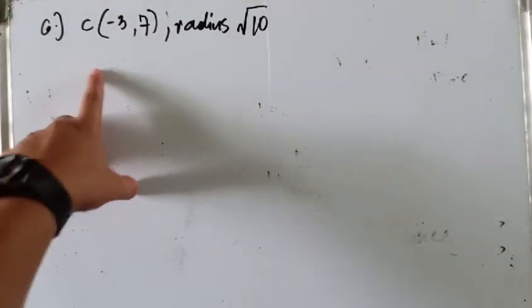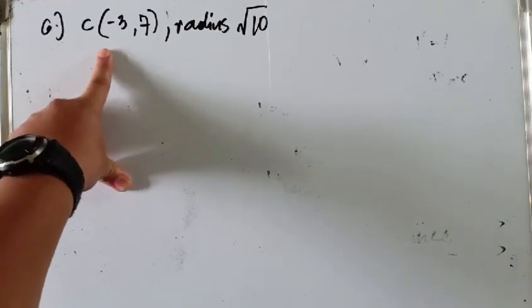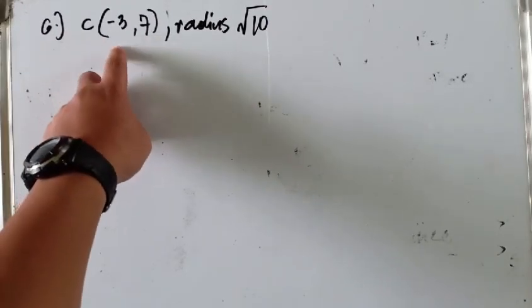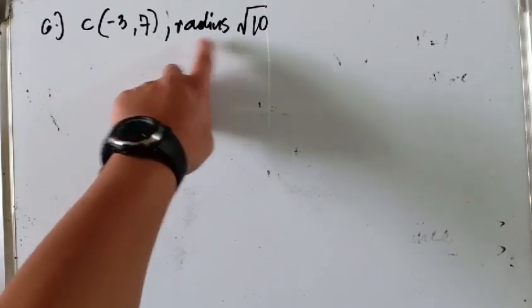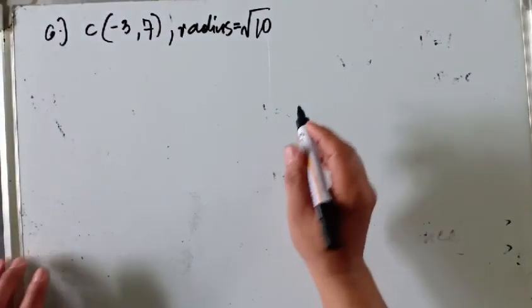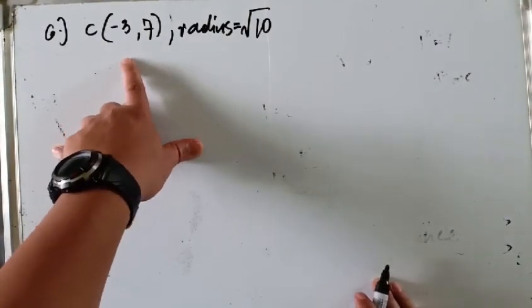For the sixth example, let's try to find the standard form of the circle with these following conditions. The center is at negative 3, 7 with radius equal to square root of 10. If you observe, the center is not in the origin.